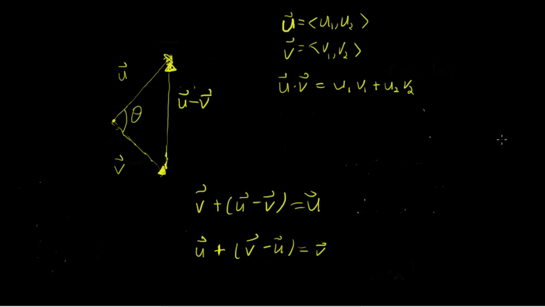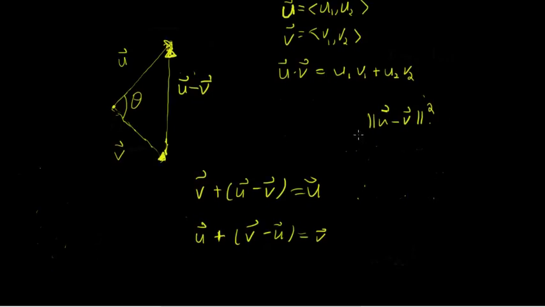And this proof relies on two formulations for the square of the magnitude of u minus v. So we're going to formulate the square of the magnitude of vector u minus v in two different ways.